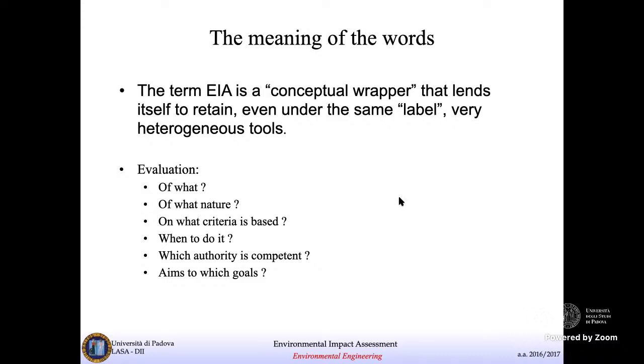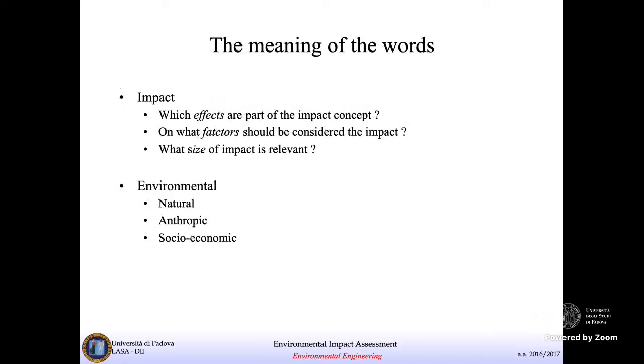Which authority is competent? What are the aims and goals of these procedures? All these questions explain the idea of a conceptual wrapper: under the term environmental impact assessment, very different and heterogeneous procedures may fall.